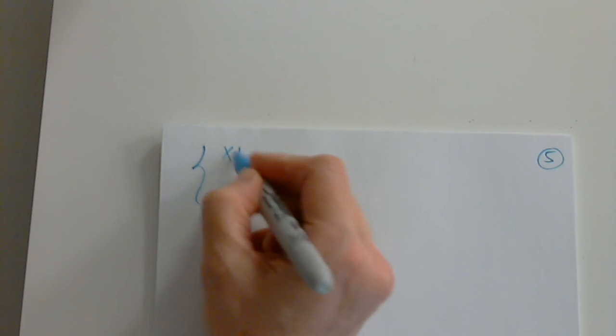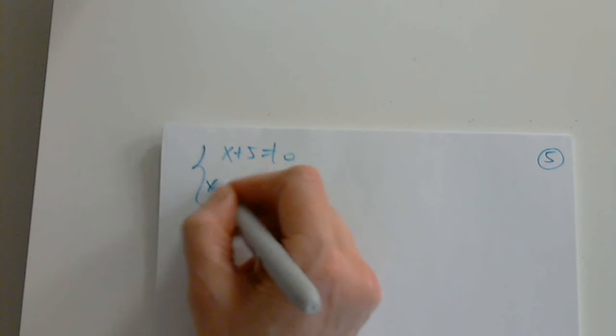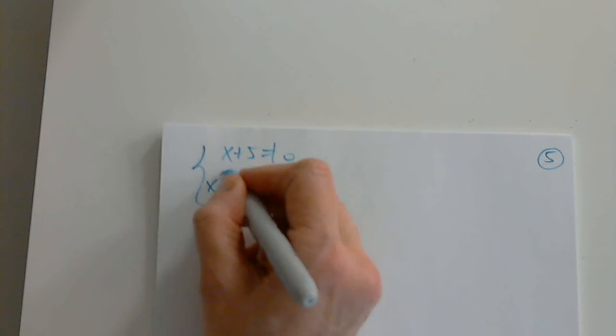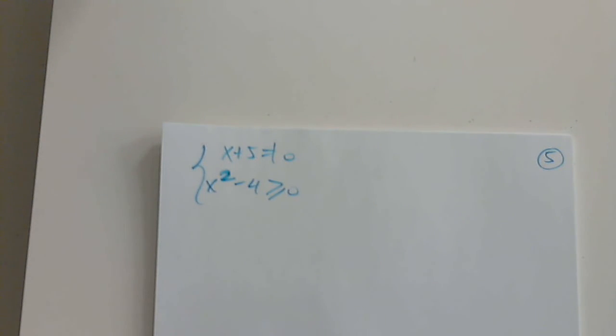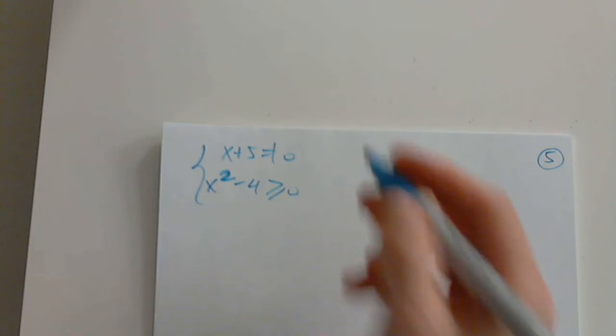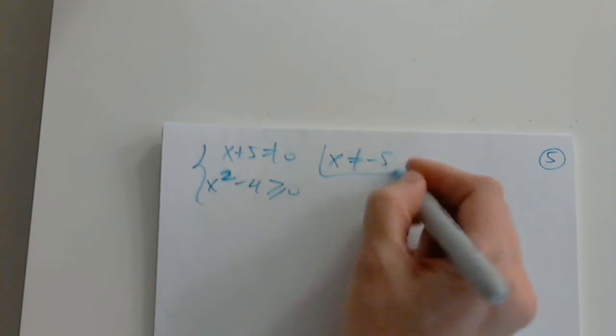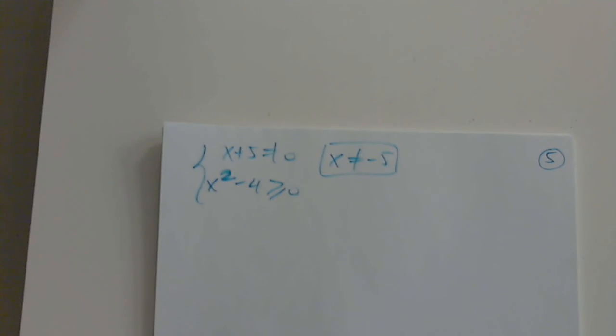Okay, so we are looking at x plus 5 not equal 0 and x squared minus 4 greater than or equal to 0. Let's start with the second one because the first one is very clear. The first one is just x not equal -5, obviously.